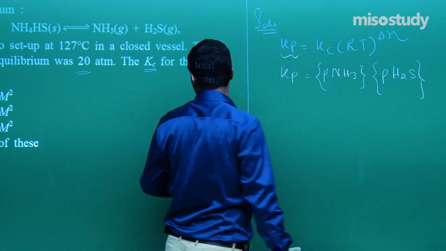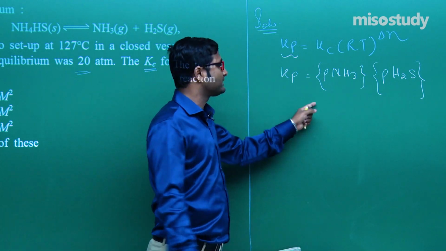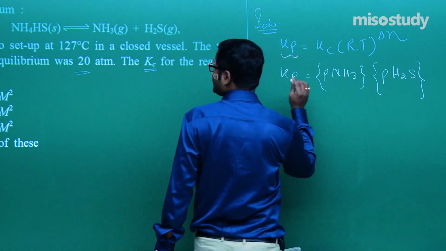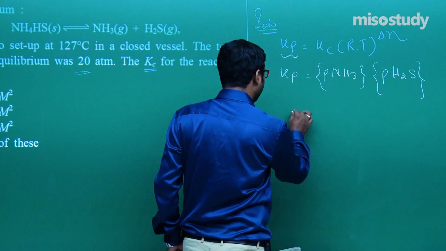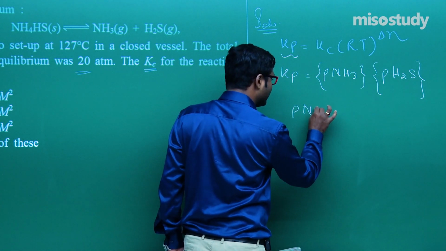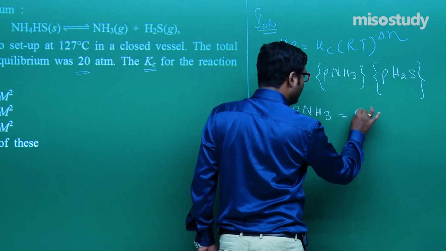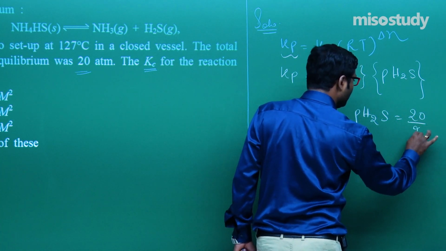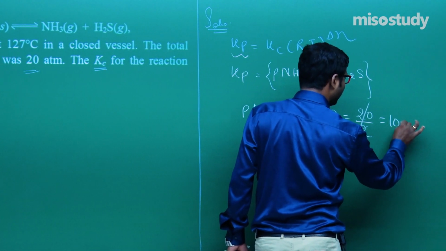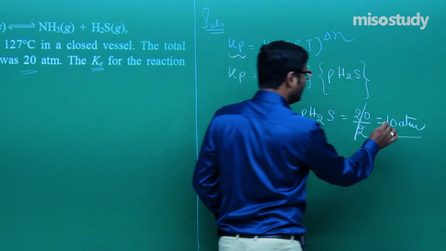The reactant is in solid state, so we will not consider it. This is the expression. The total pressure given at equilibrium is 20 atm. That means P(NH3) is equal to P(H2S) is equal to 20 upon 2, that is 10 atm, according to the question.